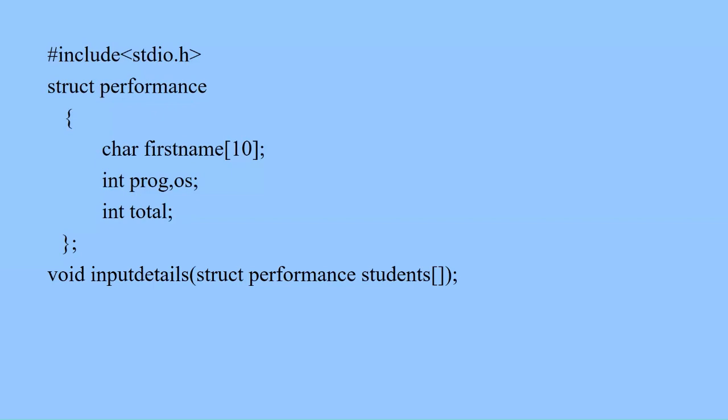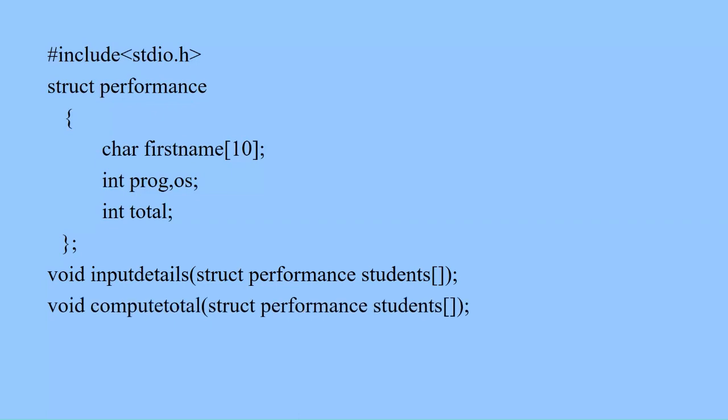In other words, it is like a declaration of the void function called input details that has one parameter. And this parameter is an array of struct. The struct is performance, while the object for manipulating that array is students.